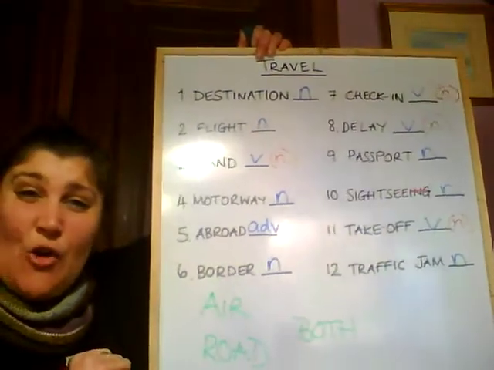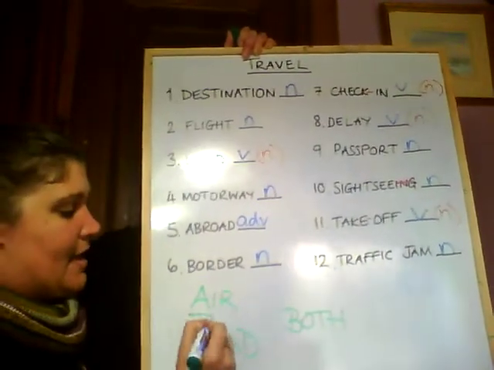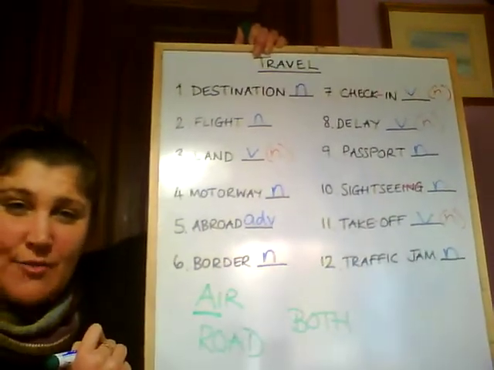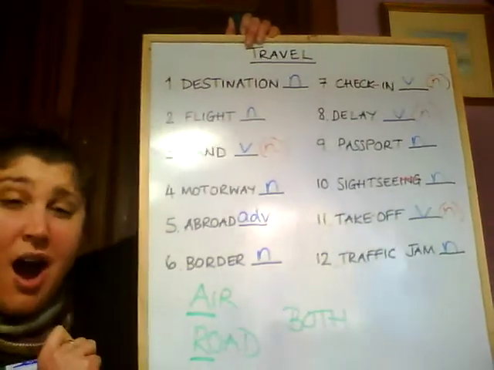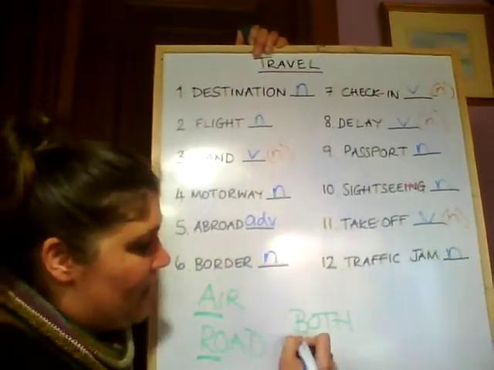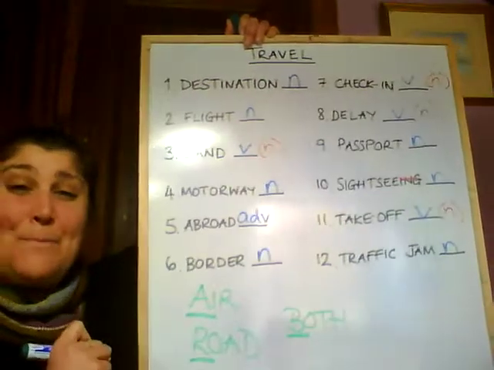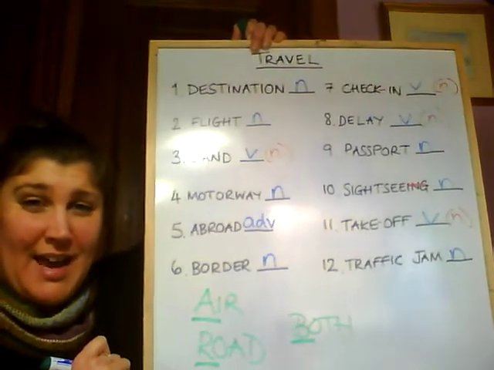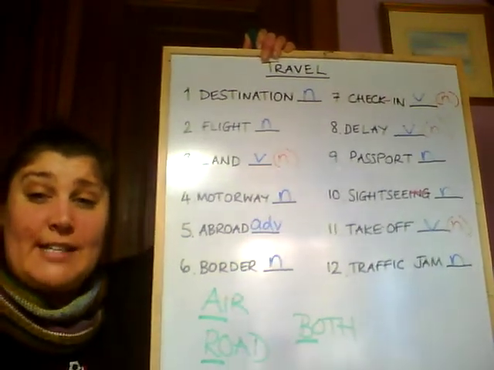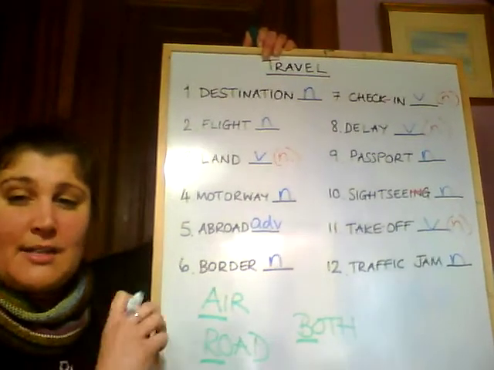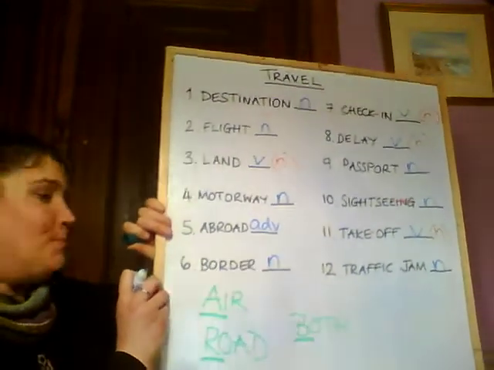Next to each of the words, can you write A for air travel, R for road travel, and B for both? Okay? You have 30 seconds. Starting now.